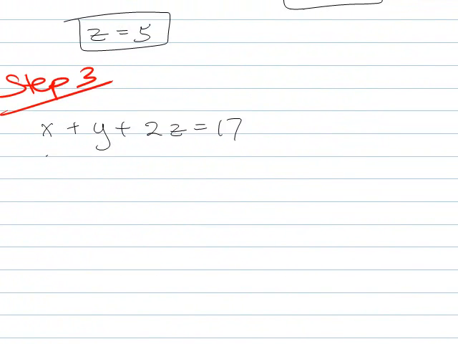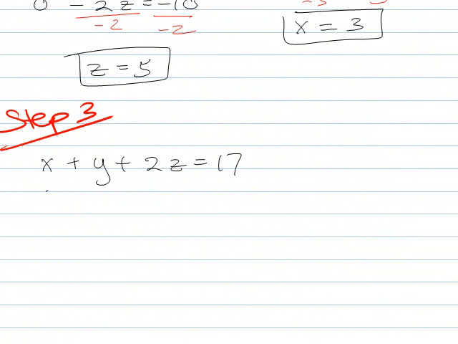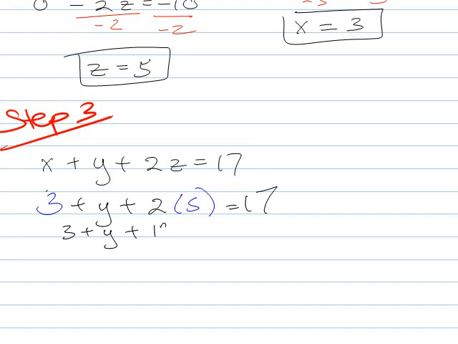Alright, so I've got, pull down my numbers so I can see them. X is 3 plus y, which I don't know, plus 2 times 5 is 17. 3 plus y plus 10. 13 plus y, minus 13. So y is 4.